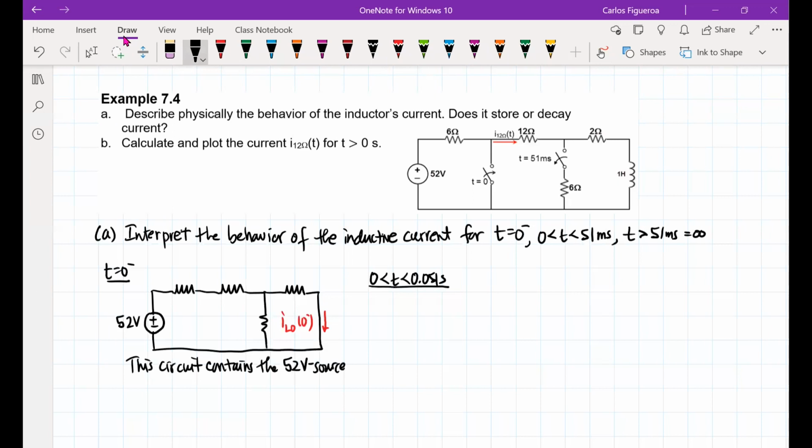I now have a circuit that looks like this: a resistor here, another resistor right here, and then my inductive short here. Now I have this new inductor that has this behavior as a function of time.